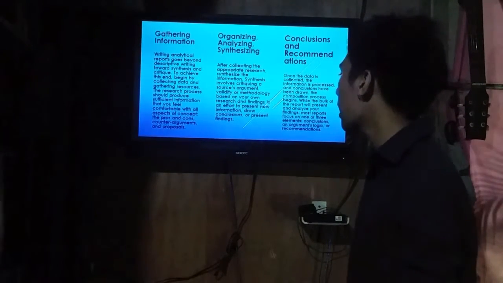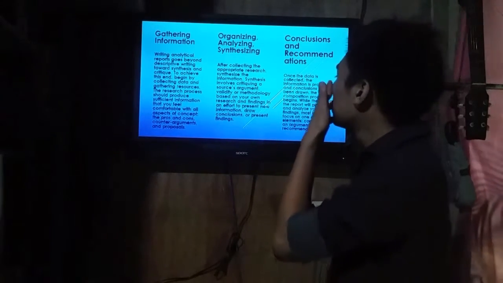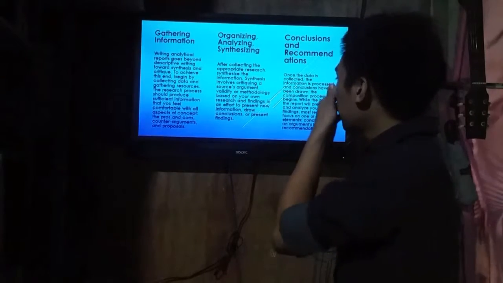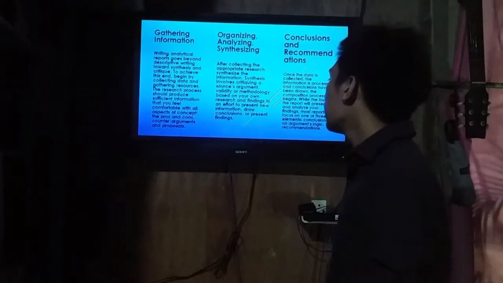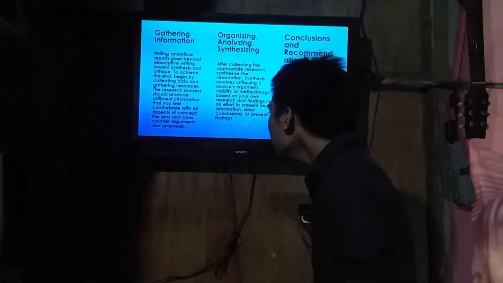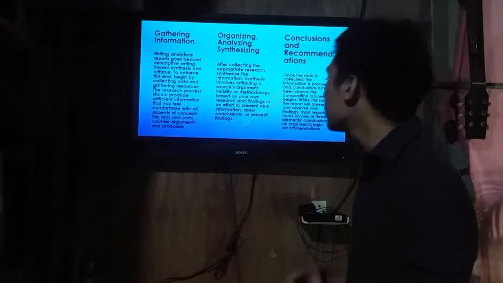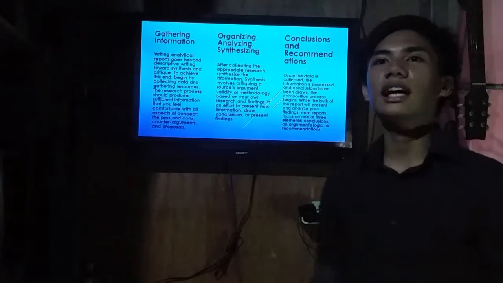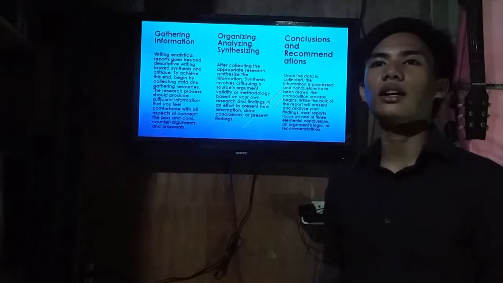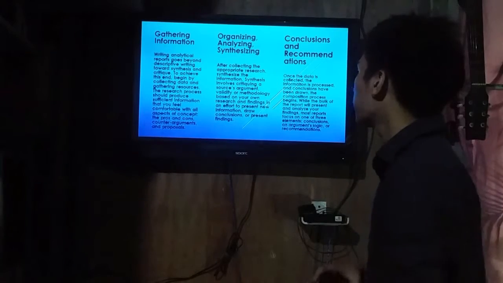The research process should produce sufficient information that you feel comfortable with all aspects: the concept, the pros and counter arguments, and proposal. You must gather data, collecting information for your report or work.